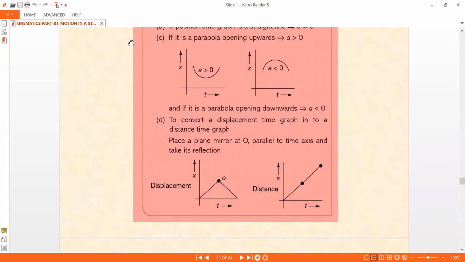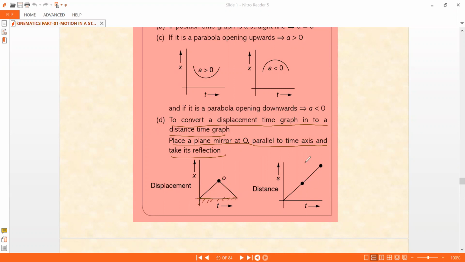The next point is that to convert a displacement time graph into a distance time graph, place a plane mirror at the origin O, parallel to the time axis, and then take its reflection. So this is the displacement graph, and you place a plane mirror like this and take the reflection.